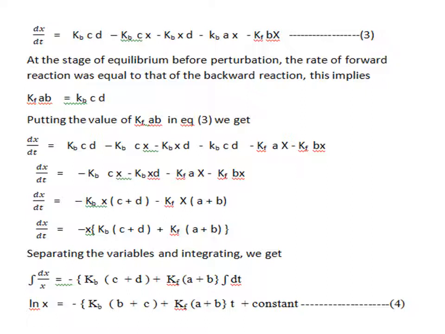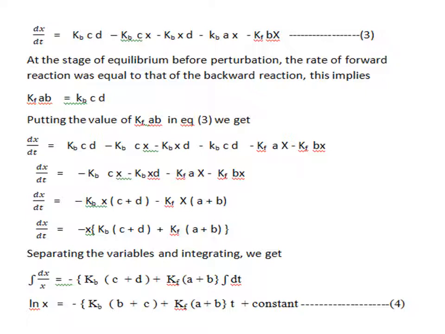Now we can separate the variables and integrate: x is taken on the left hand side, that will become dx over x equal to minus kb into c plus d plus kf into a plus b, integration of dt.